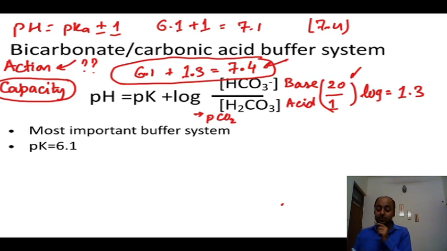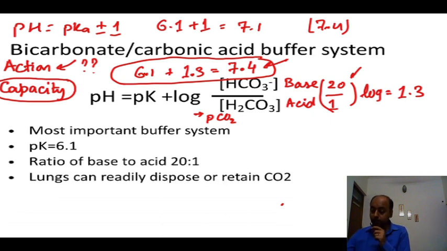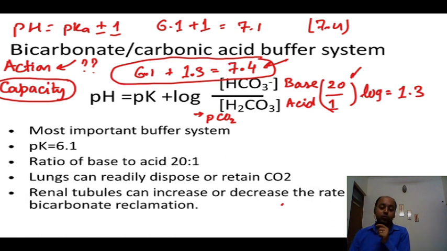There is a second aspect to this buffering action by the bicarbonate system, and that is because the lungs can readily dispose or retain the CO2, and the renal tubules can readily increase or decrease the rate of bicarbonate reclamation, meaning both the numerator and denominator can be easily changed.